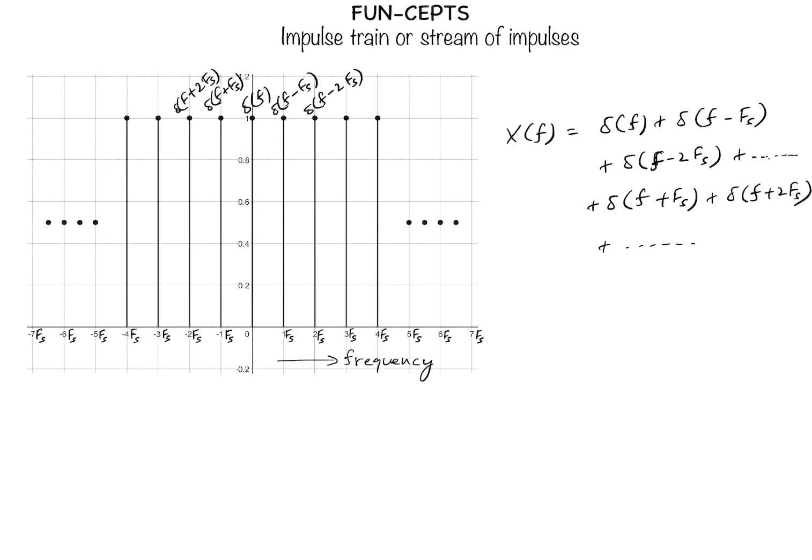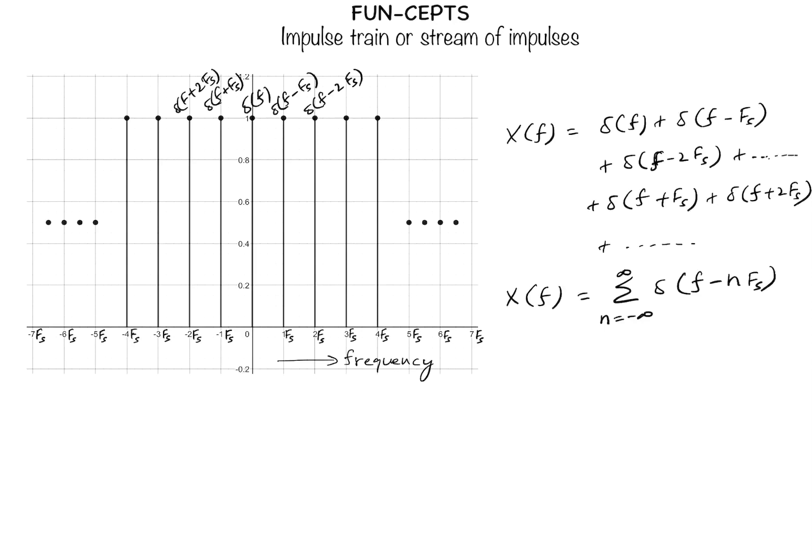In concise notation, X of f is equal to the summation of delta of f minus n fs, where n ranges from minus infinity to infinity.